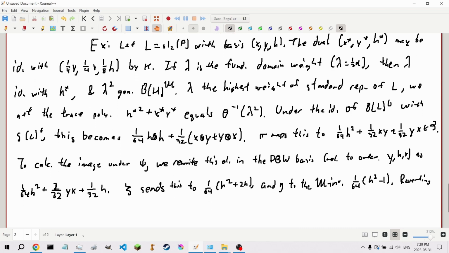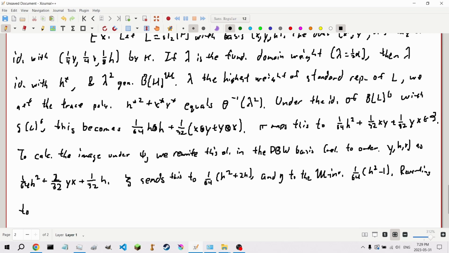Reverting back to B(H)^W, we get h squared minus 1/64th, which is very much different than our previous result.